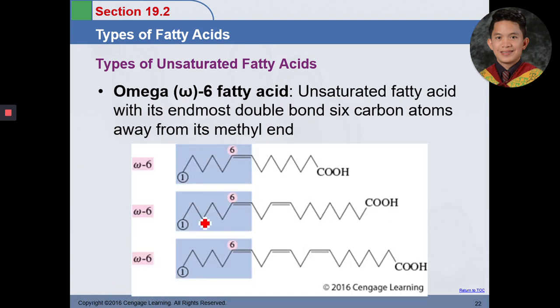Okay, so we also have here the omega-6 fatty acid, an unsaturated fatty acid with its endmost double bond 6 carbons away from its methyl end. So as you can see from here, the first double bond is after the sixth carbon atom.